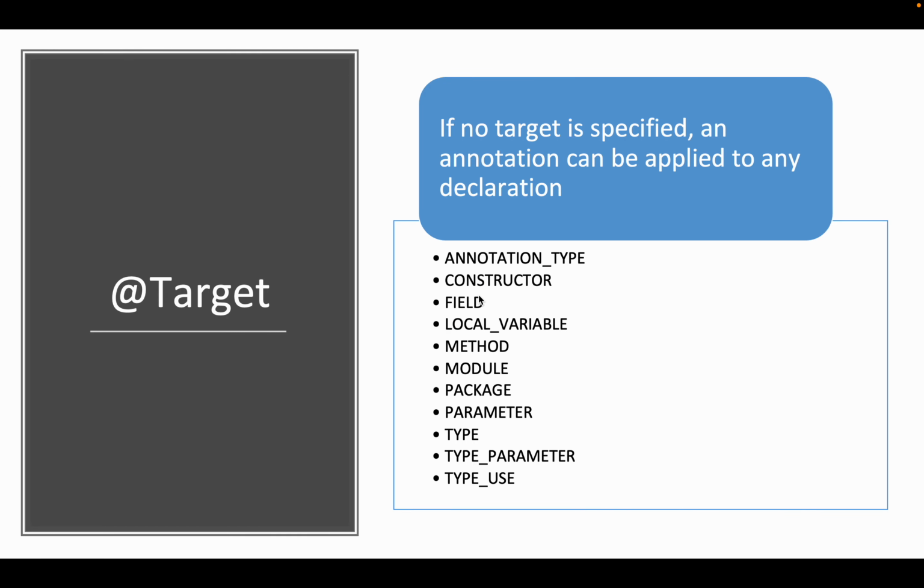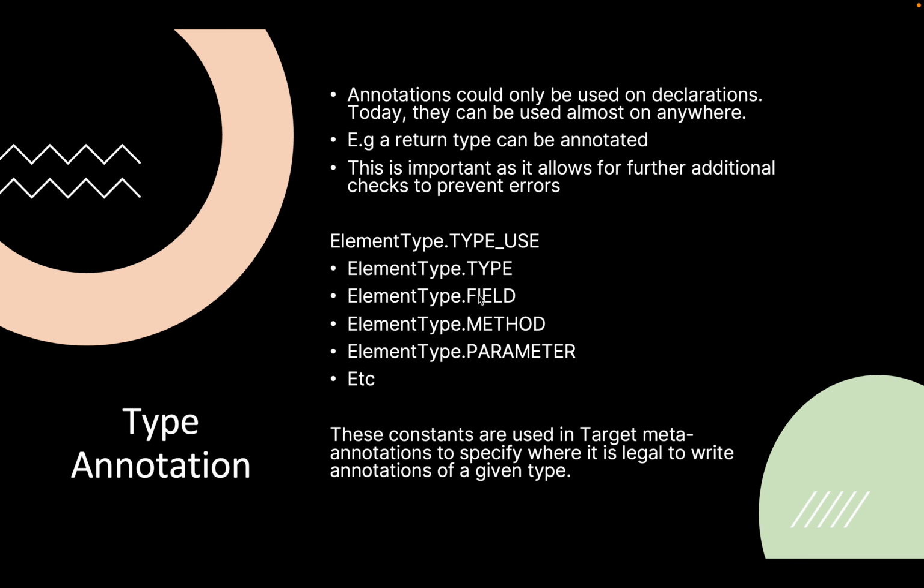Then the @Target annotation. If no target is specified, an annotation can be applied to any declaration. So these are the target values that you can specify: annotation type, constructor, field, local variable, method, module, package, parameter, type parameter, type use.